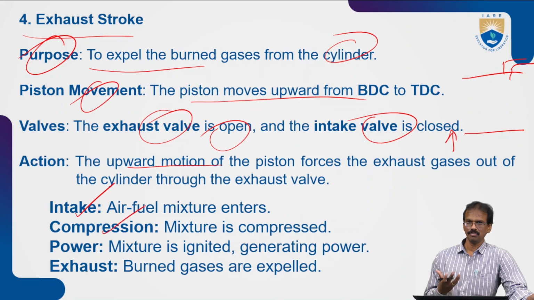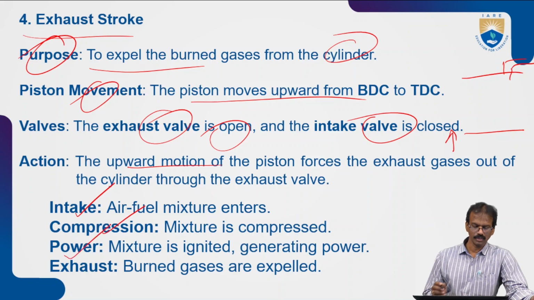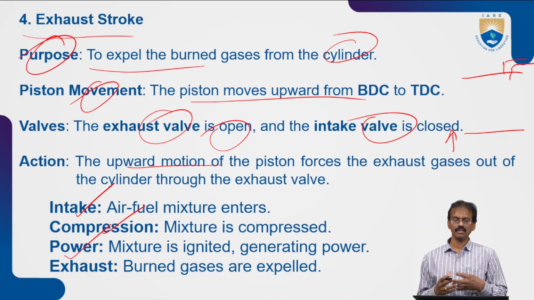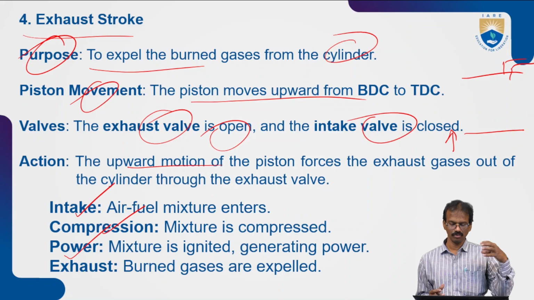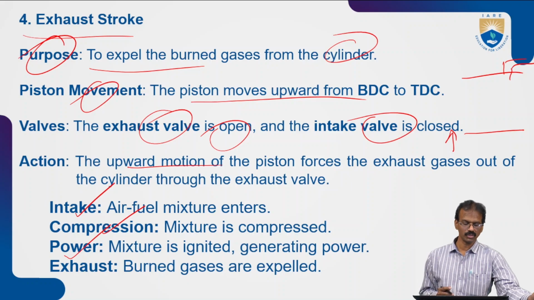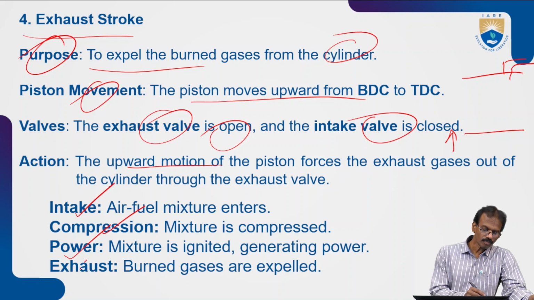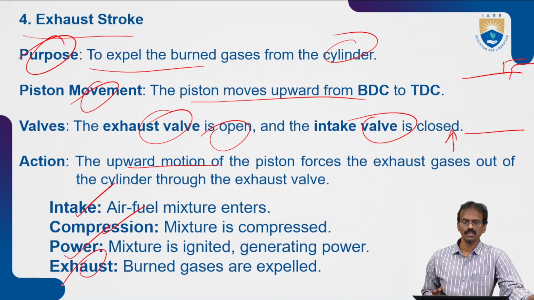Compression stroke, in which the mixture is compressed. Power stroke, in which the mixture is ignited and power is generated. That high power pushes the piston from top dead center to bottom dead center. The last one is the exhaust. The exhaust valve is helpful to expel the unburned gases.